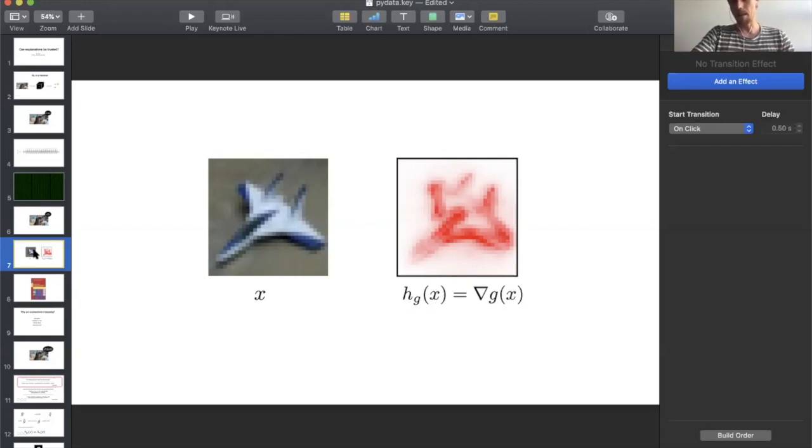And this heat map is basically assigning heat to pixels which are really relevant in some sense for the classification result. So if a pixel is highlighted by red, if it's assigned heat, then it was very relevant for the classification. And so you can look at this and say, well, okay, it is a jet. It's classifying this jet as a plane because it has some cockpit, there are wings and so forth.